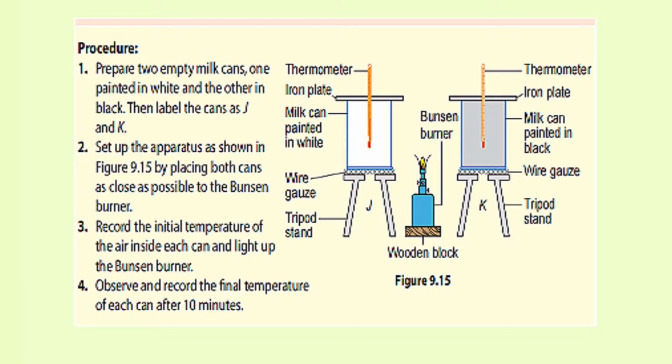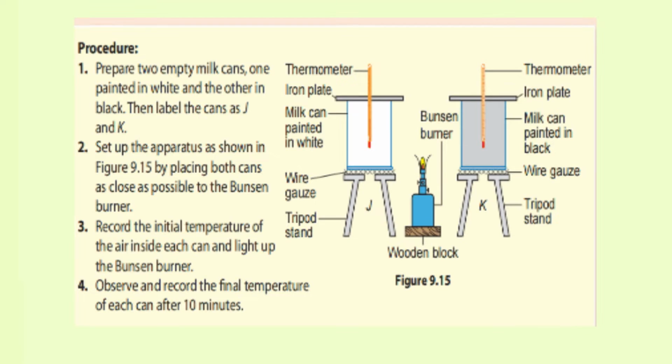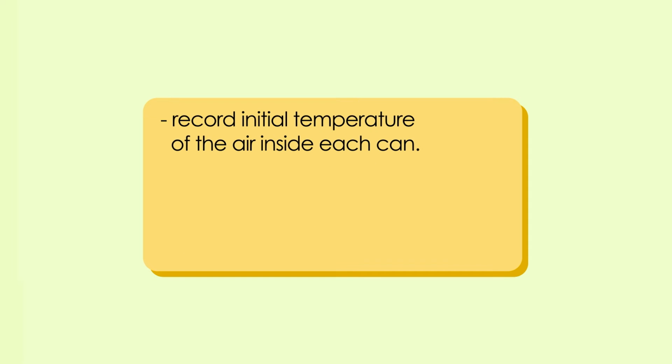The empty cans are painted, one in white and the other in black, and label it as J and K. Record the initial temperature of the air inside each can and light up the Bunsen burner.